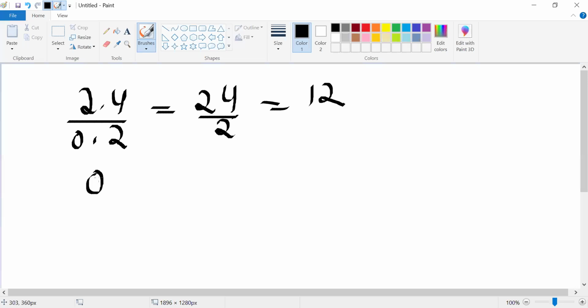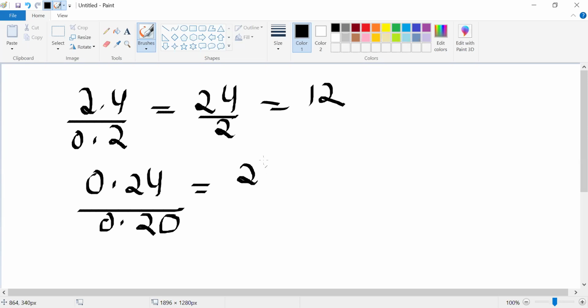Now if it is 0.24 by 0.2. Now the numerator has 2 decimal places. The denominator has only 1 decimal place. So we have to make it like decimal. So in the denominator I have to add 1 zero here. Now both the numerator and denominator are like decimals. So I can write it as 24 by 20. 24 by 20, how will you divide?